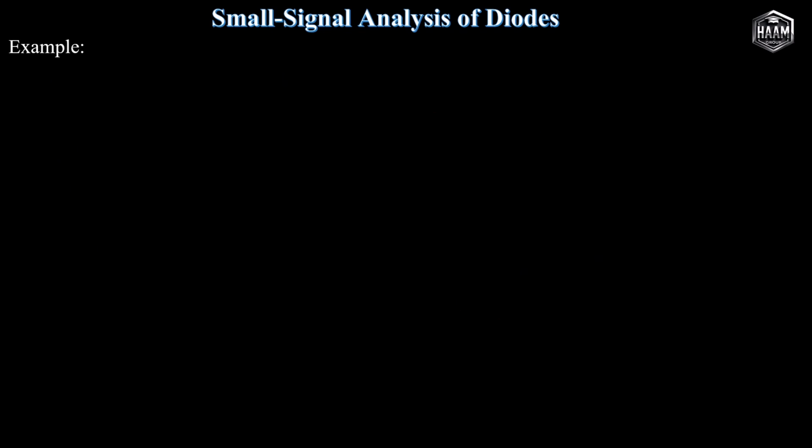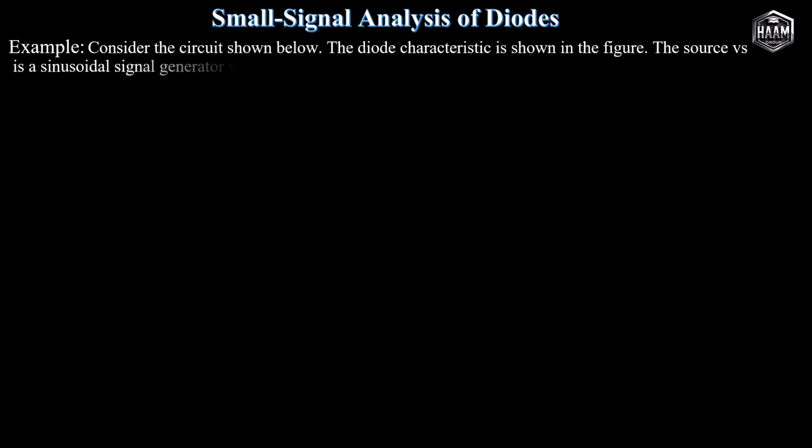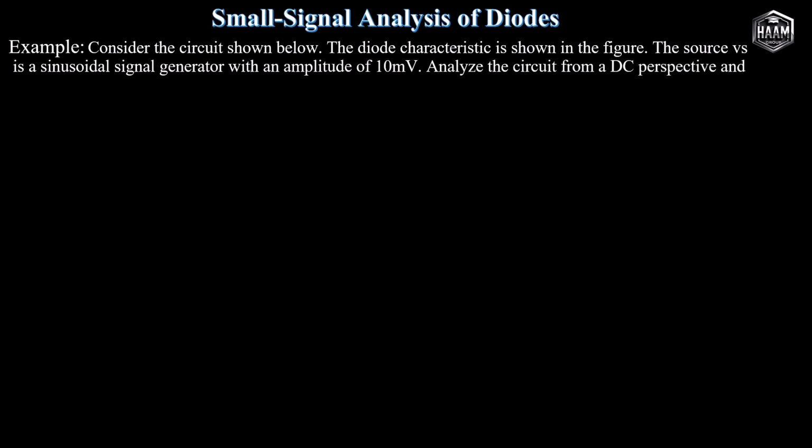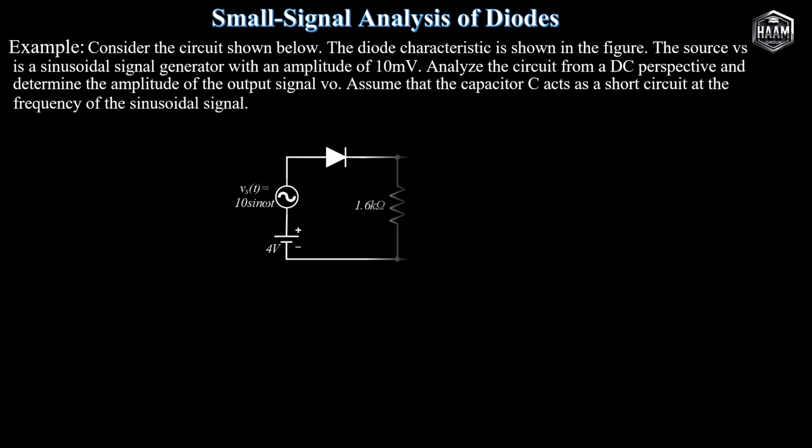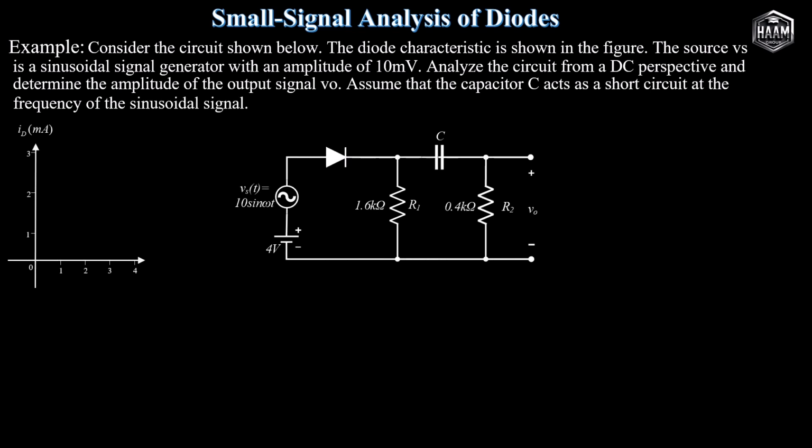Let us examine an illustrative circuit example. In the circuit shown below, the diode characteristic is given by its IV curve. This solution is provided graphically. The source V sub S is a small signal sinusoidal voltage with an amplitude of 10 millivolts. A 4-volt DC source is connected in series with it.